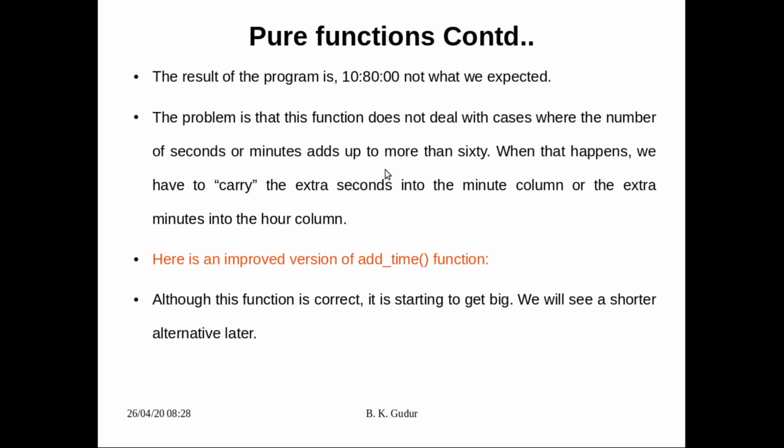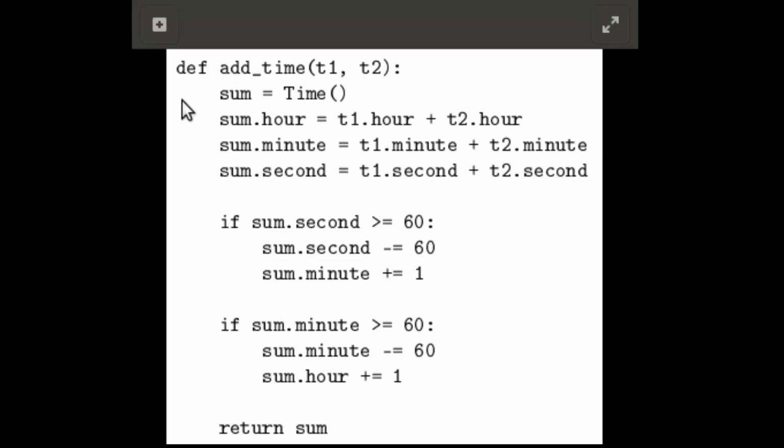We have not taken care of that in the previous function. But here we can see the improved version of the same add_time function, where you can see the same sum.